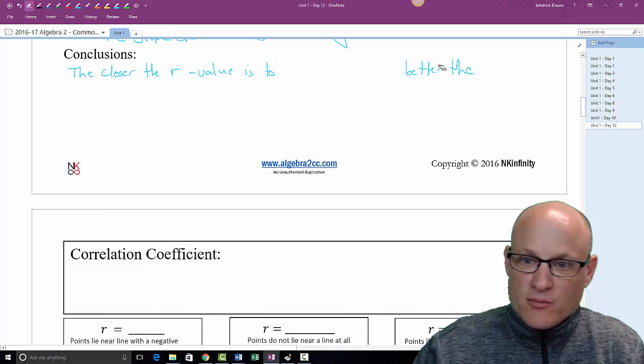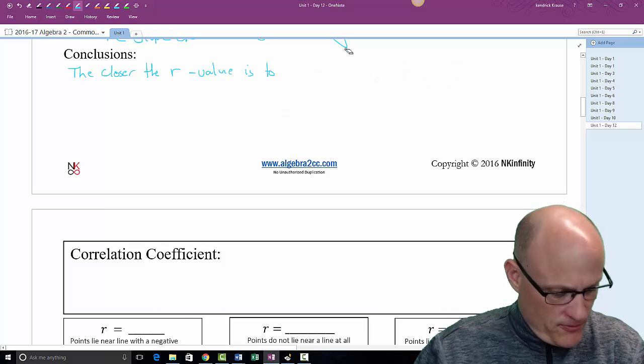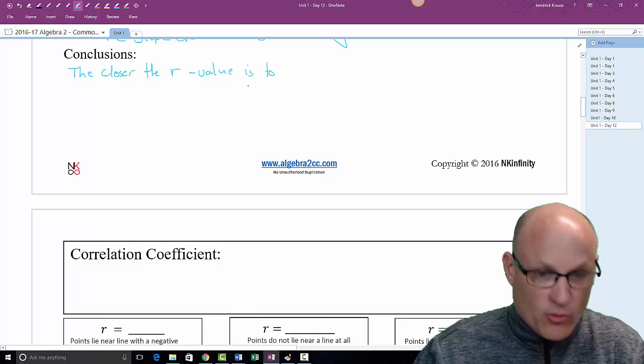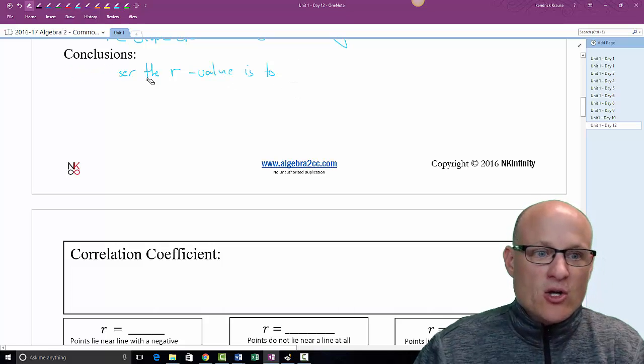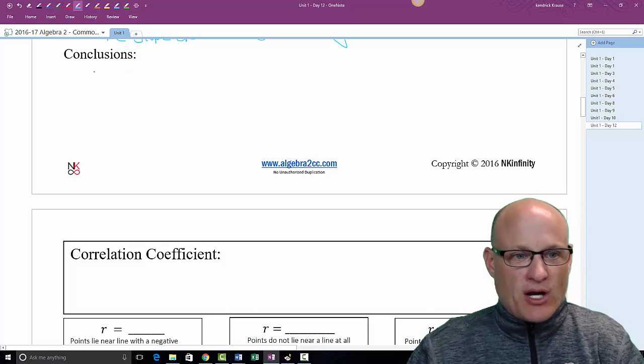I'm trying to paraphrase what I want to say. Let me just write down what I wrote. When R is close to 0, the points are more spread out. Okay, let's just start with that. I hate this kind of stuff. I can't wait to get to the problem.